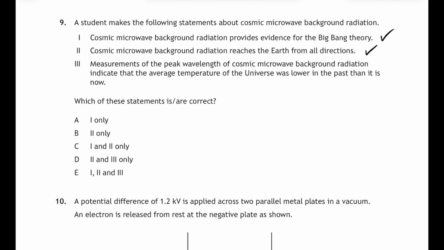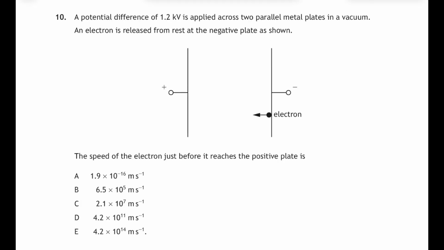Measurements of the peak wavelength of cosmic microwave background radiation indicate that the average temperature of the universe was lower in the past than it is now. Well, that's incorrect because the temperature of the universe was higher in the past. And it's cooling down as the universe expands. So it's only statement 1 and 2 that are correct. So 1 and 2 only, that's 9C.